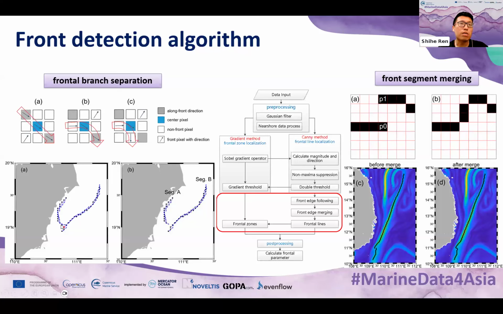The red dot is a branch pixel, and if we have a branch, it is very hard to calculate the front parameters, so we separate one front into two according to the front's physical patterns. The example on the right shows frontal segments merging, and this procedure can link very short frontal lines nearby into one long front segment.